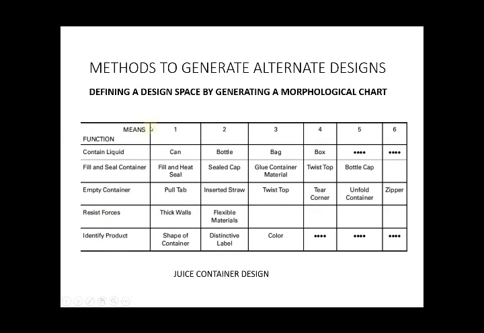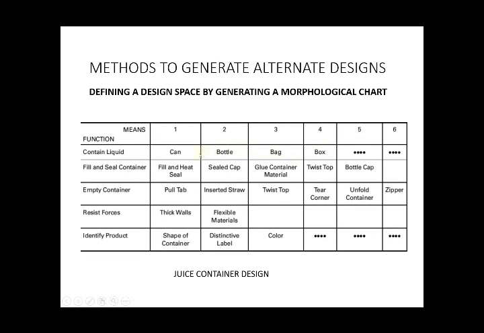Now we have the different means for each of these listed here. Possible means: contain liquid. So what type of container should be used? Either we can use a can type or a bottle type or a paper bag or a plastic bag type or even a box type.